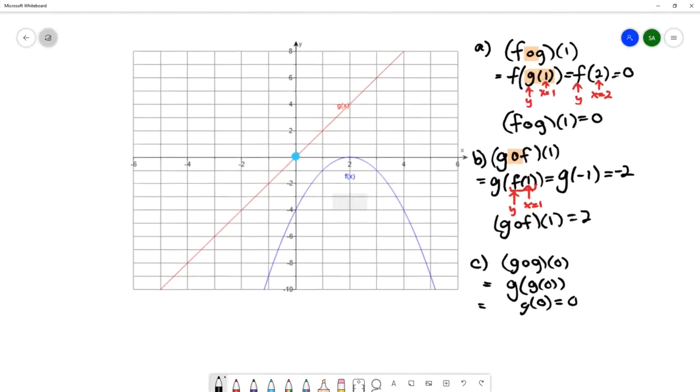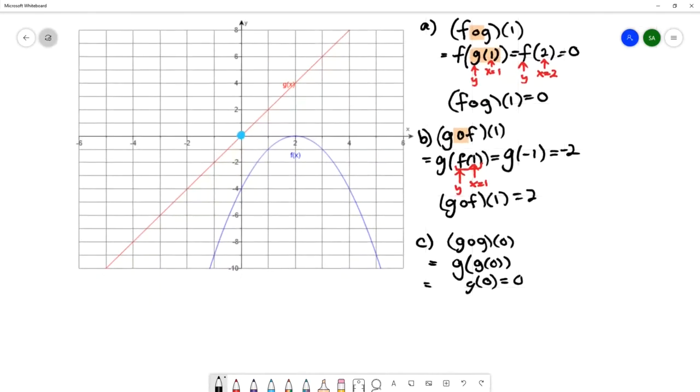Let's zoom out so we can see all the parts. We're going to do part D, which is f composed with f of 3. We'll start by rewriting this as f of f of 3. So I'm going to start by looking for f of 3. So I start with an x of 3.